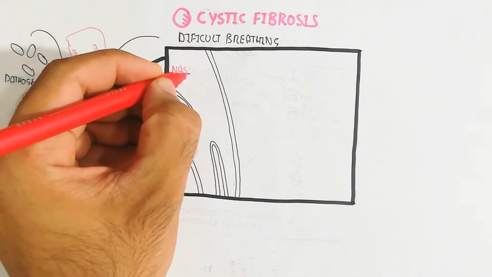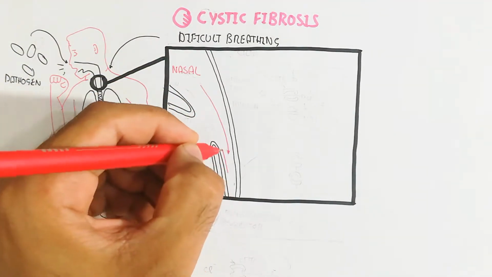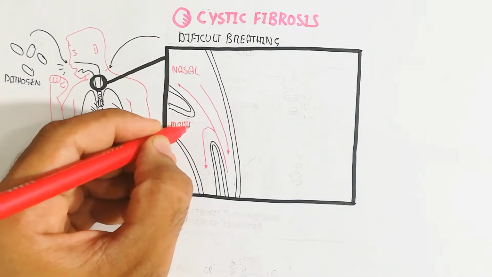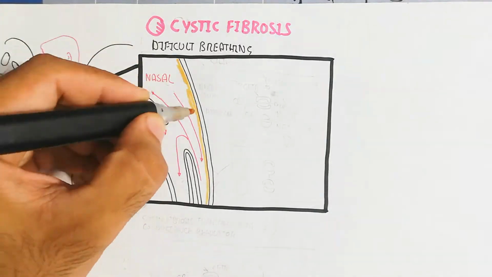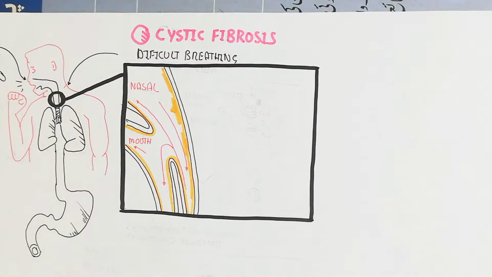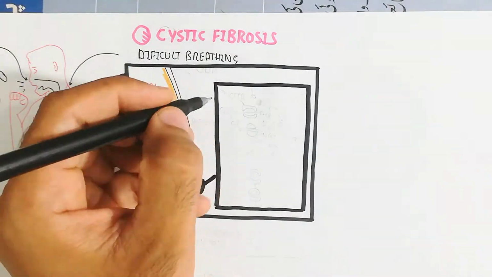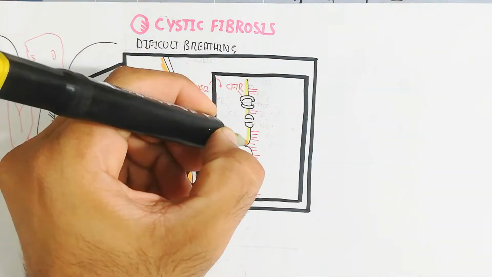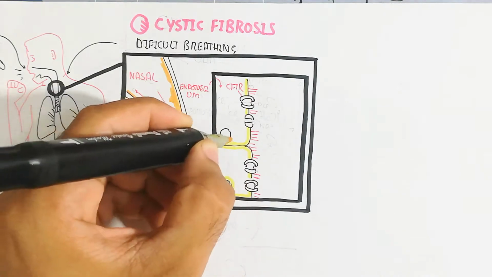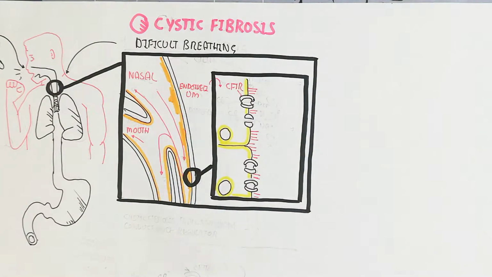Cystic fibrosis causes difficulty of breathing. Here is the mouth opening, and here is the nasal passage toward the respiratory tract, the trachea. Let's understand the tracheal wall, which contains CFTR.